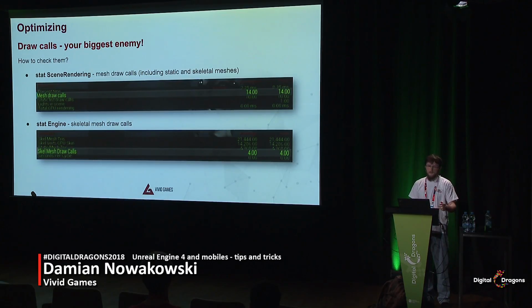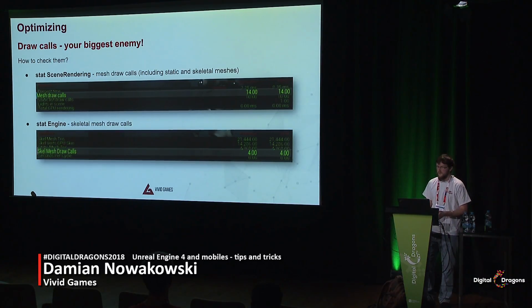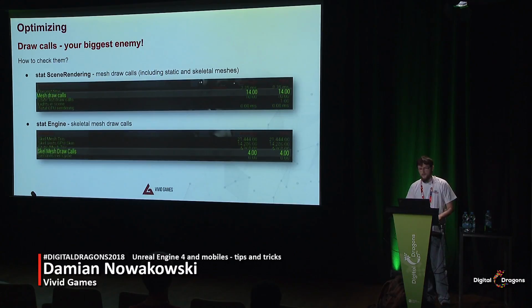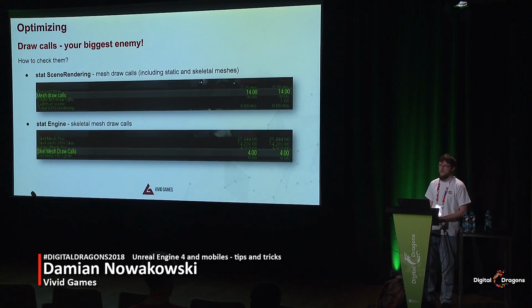On PC, you just press the tilde, and on iOS and Android devices, you tap with 4 fingers on your screen, and then you can type any command you want. With stat scene rendering, we can check the mesh draw calls. And if you are interested in how many draw calls the skeletal meshes are causing, you can also check stat engine.